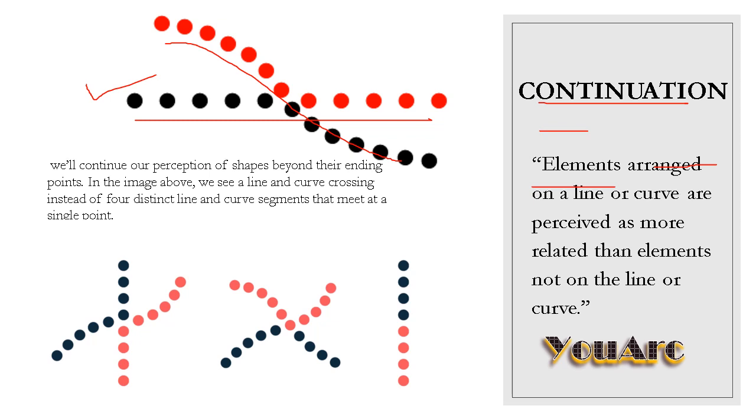For example, it could also be perceived as 1, 2, 3 and 4 meeting at a center point, right? It can be perceived like that, but what we do is we consider it as one single line and one single curve intersecting each other, right? So the elements in the line or curve act as a single entity, which is called continuation. So these are a few examples of continuity.